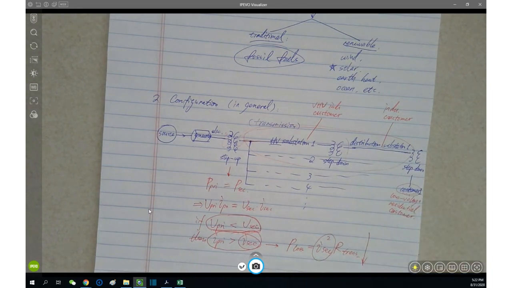This is the generic power system structure or configuration. And of course, we're going to stop here, and talk about each component one by one at the beginning of Wednesday's lecture.